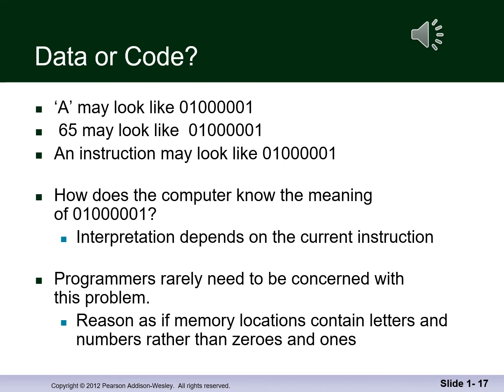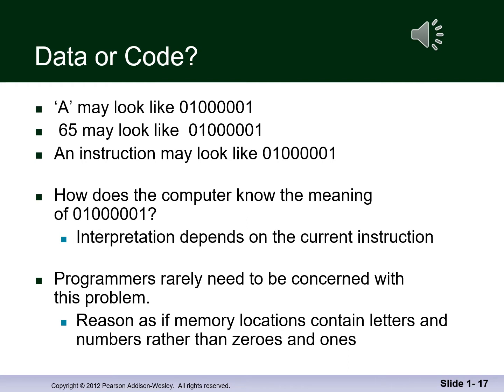An instruction may look like this: 0, 1, 0, 0, 0, 0, 0, 1. I'm having a hard time following the number of zeros across the screen. How does the computer know the meaning of that? Interpretation depends on the current instruction.